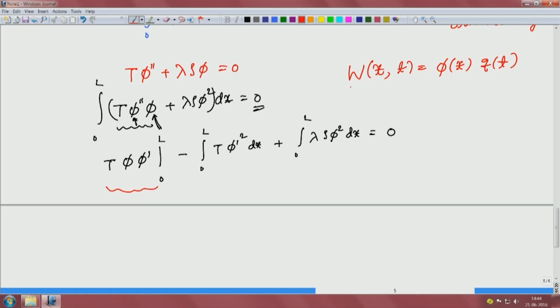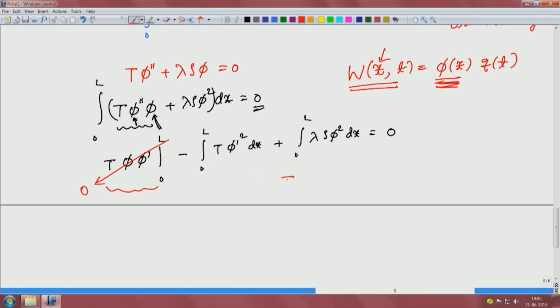So, whatever boundary conditions w satisfies with respect to x, phi will satisfy, and whatever it satisfies with respect to time, q will satisfy. Our interest here is phi. So, when w is 0 at either end, phi will be 0. So, at x equal to 0 and x equal to L, this actually goes to 0. So, we are left with this.